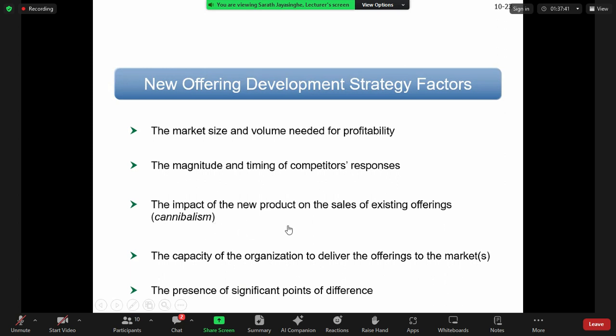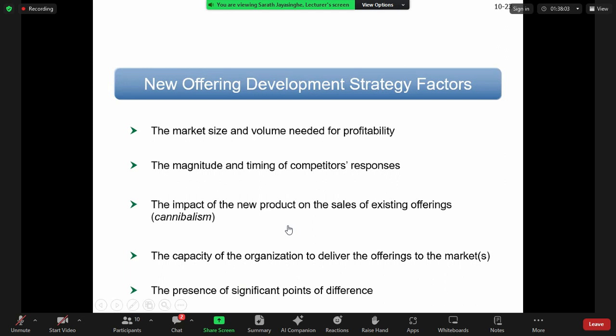Cannibalism means that when you offer a new product to the market, you have to consider what happens to the old product. Sometimes there will be competition between the old product and the new product. Then you lose old product sales and gain new product sales.